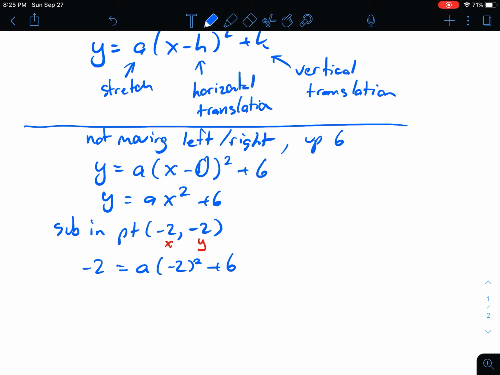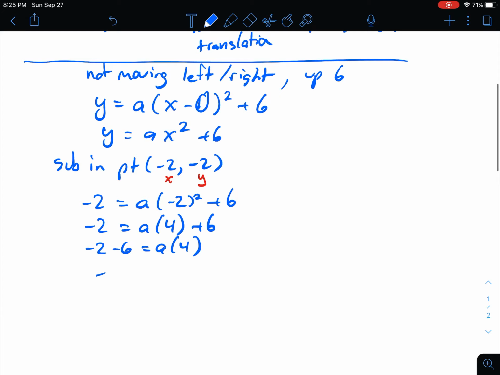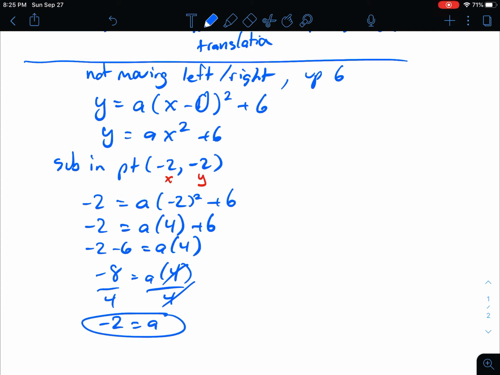Then we just use our algebra. -2 squared is 4. I'm going to bring that 6 to the left side, make it negative, and I end up with -8 equals a bracket 4. Divide both sides by 4, and you're left with -2 equals a.